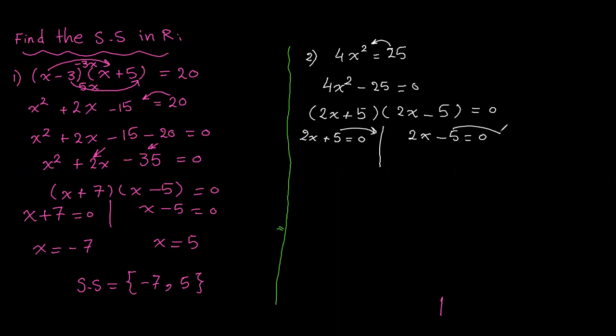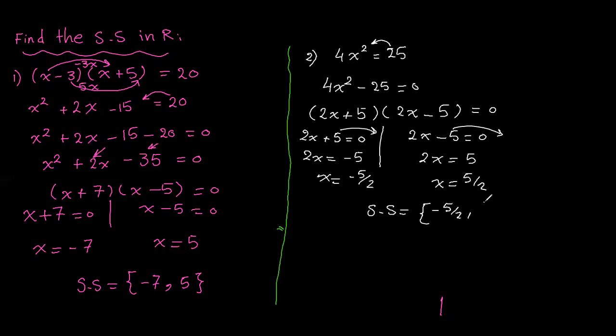We move to the other side with the opposite sign: 2x = -5, so x = -5/2, and 2x = 5, so x = 5/2. So the solution set of this example is {-5/2, 5/2}.